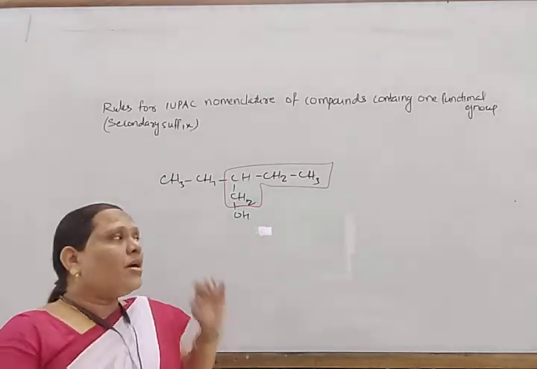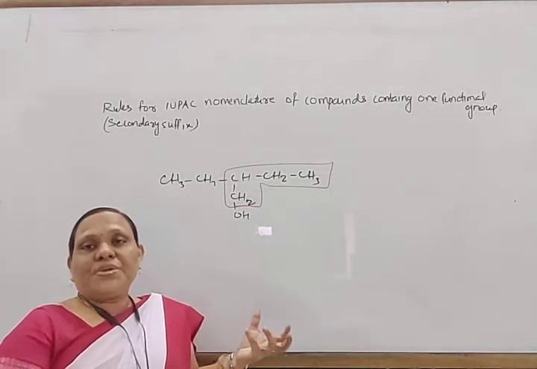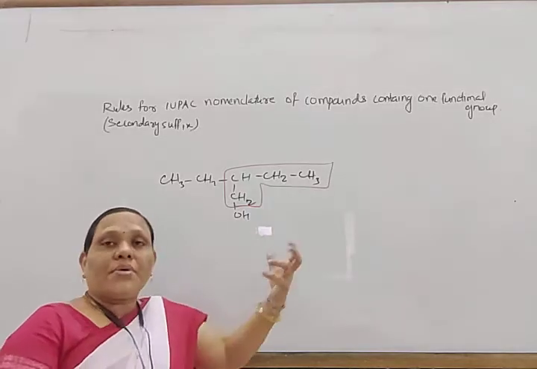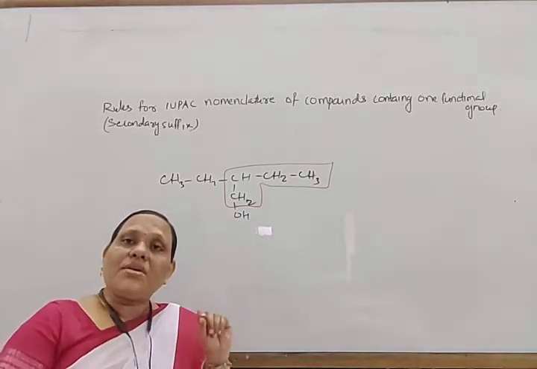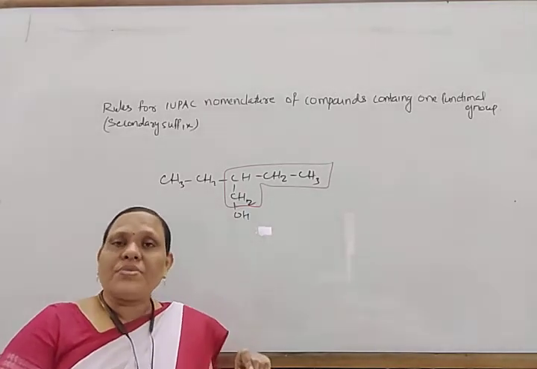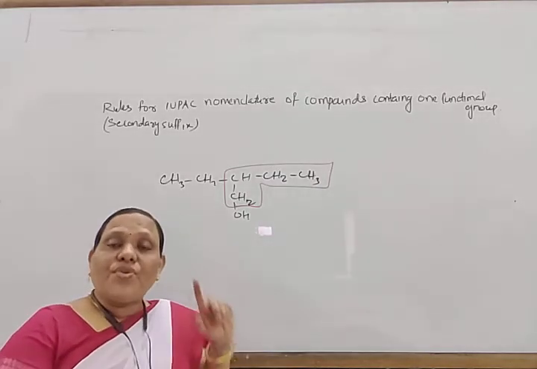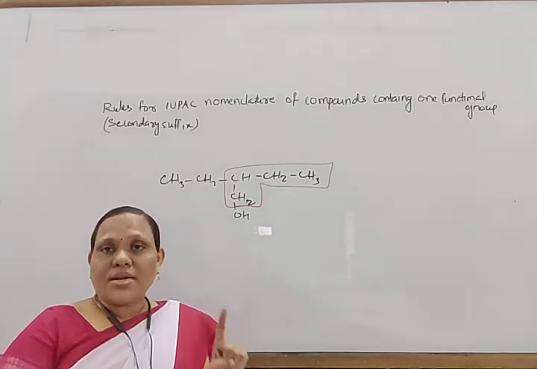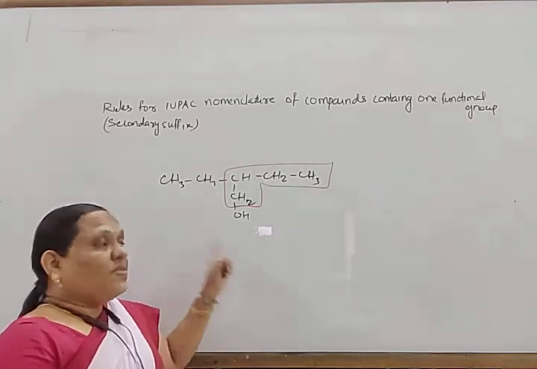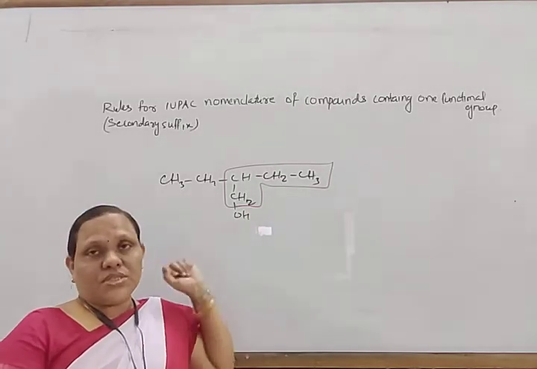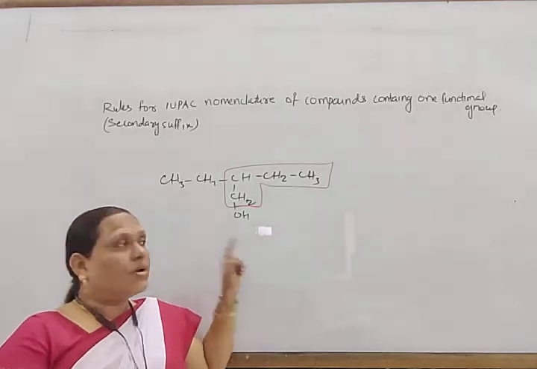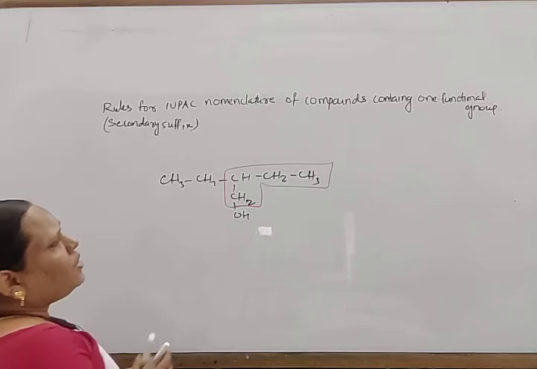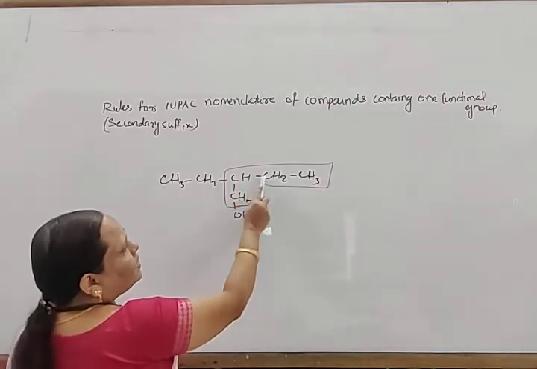If an amine group or alcohol group is present and there are more carbon atoms, then you have to write the position of this functional group. Before writing the suffix, you have to write the numeral to represent the position of the functional group. Look here: 1, 2, 3, 4.